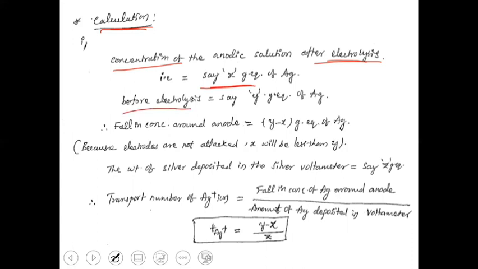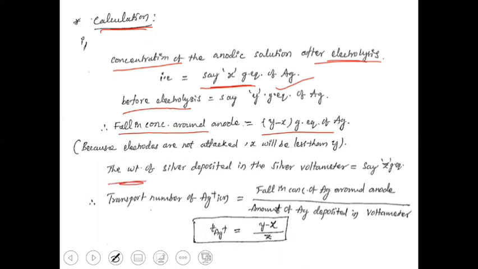Before electrolysis, let it be Y gram equivalent of silver. Then the fall in concentration around the anode is simply Y minus X gram equivalent of silver.